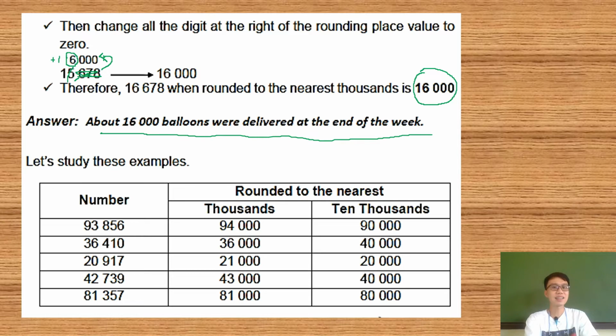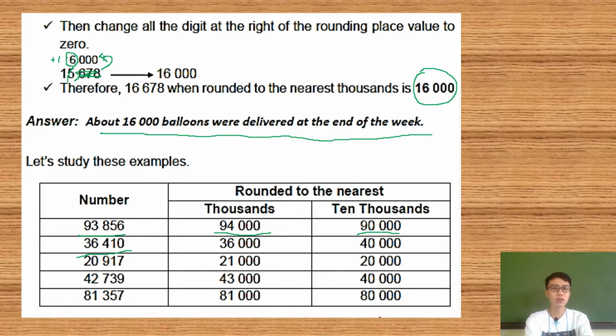Okay, let's study these examples. These are the numbers. 93,856. When rounded to thousands, the answer is 94,000. To the nearest 10,000s, 90,000. Next is 36,410.